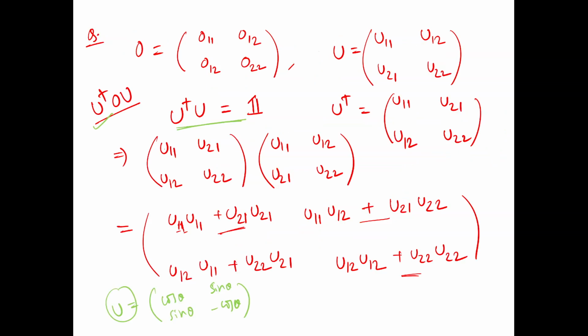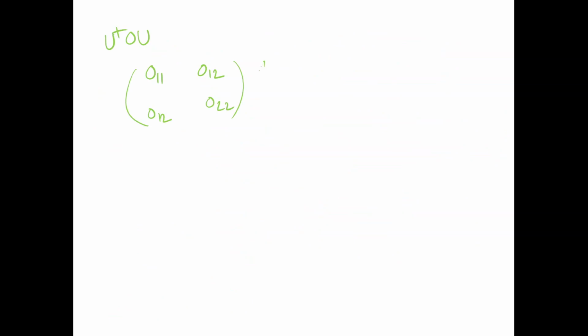So O is O11, O12, O12, and now you have O22. And what was U? It was cos theta, sin theta, sin theta, minus cos theta. So let's do the matrix multiplication. This will be O11 cos theta plus O12 sin theta.